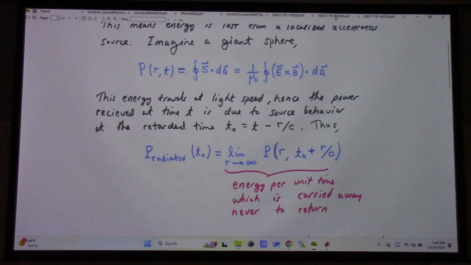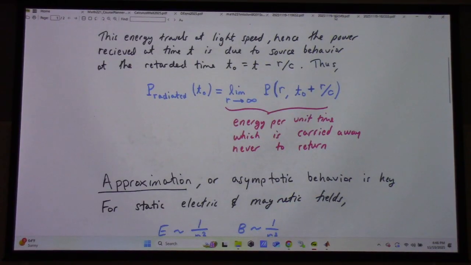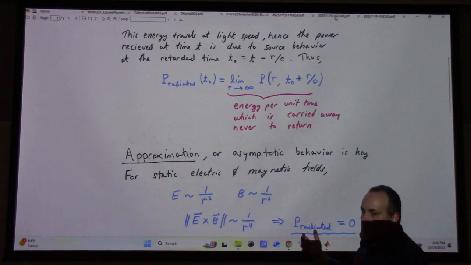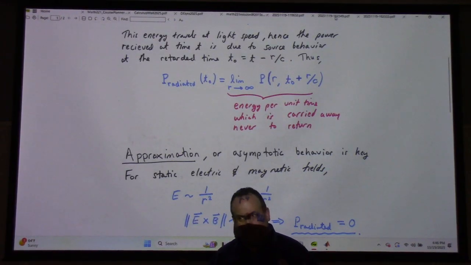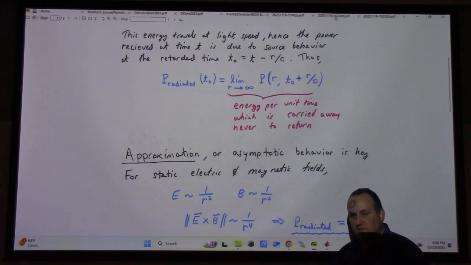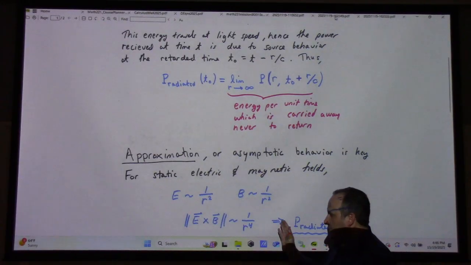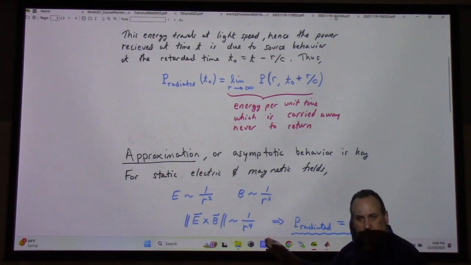All right? And so let's think about this for static electric or magnetic fields. For static electric or magnetic fields, the Coulomb field is like 1 over r squared with distance, right? The magnetic field is also like 1 over r squared with distance. So when we look at the Poynting vector from such things, we get a 1 over r to the 4th dependence on distance.